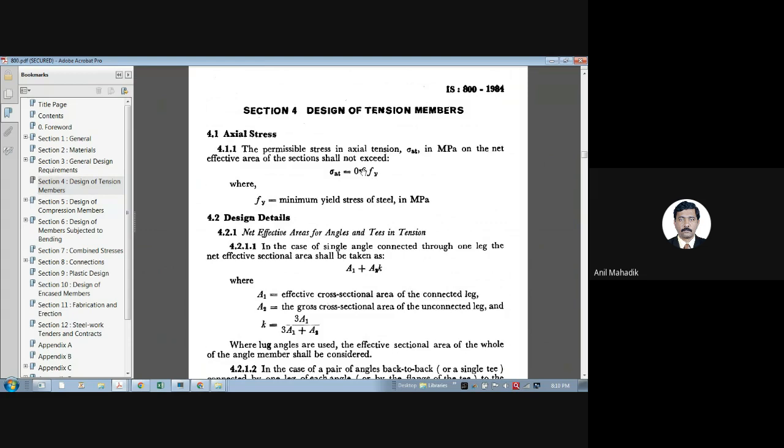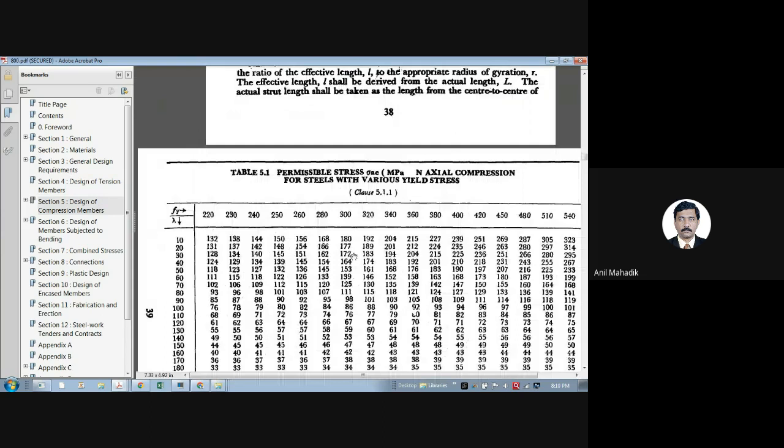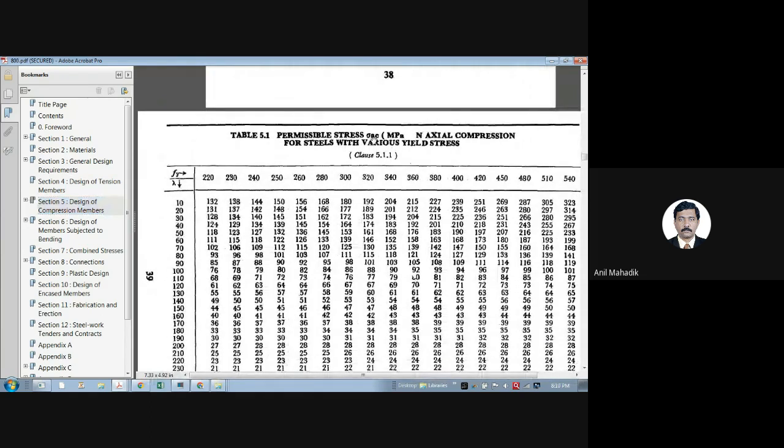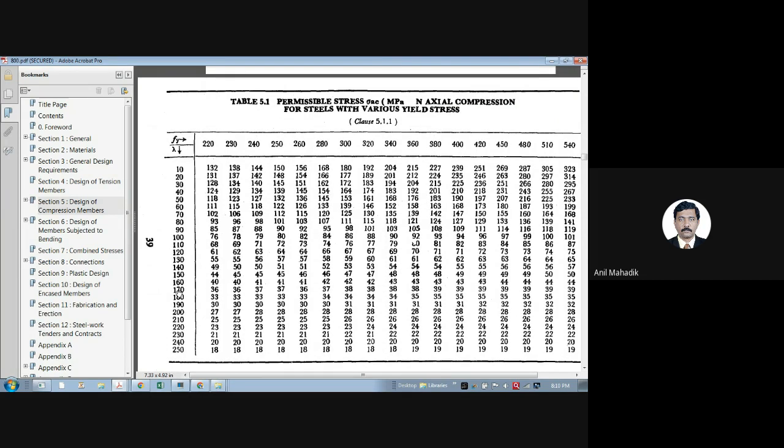And for compression members, the code has given this permissible stress value, sigma AC, in axial compression. So we know that we have a grade of steel, Fy is 250. We are dealing with this column only. And this here is lambda, the slenderness ratio. As the slenderness ratio goes on increasing, you will see that the permissible stress is decreasing. Getting this?